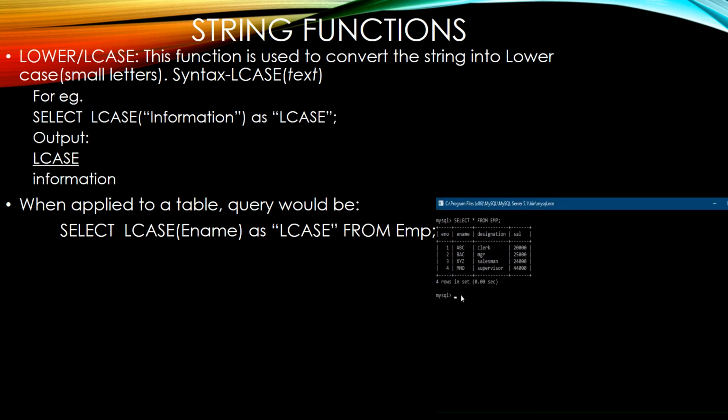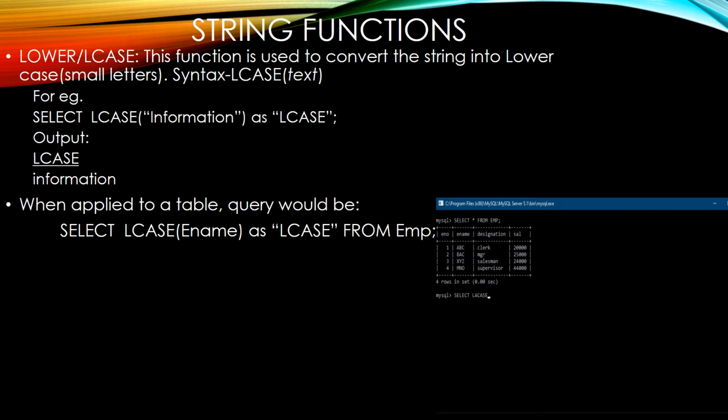Now we want to use lcase function. Lcase function is the reverse of ucase function, which converts the text into small letters. Now here I want to convert ename, all the names in the ename column, to small letters.